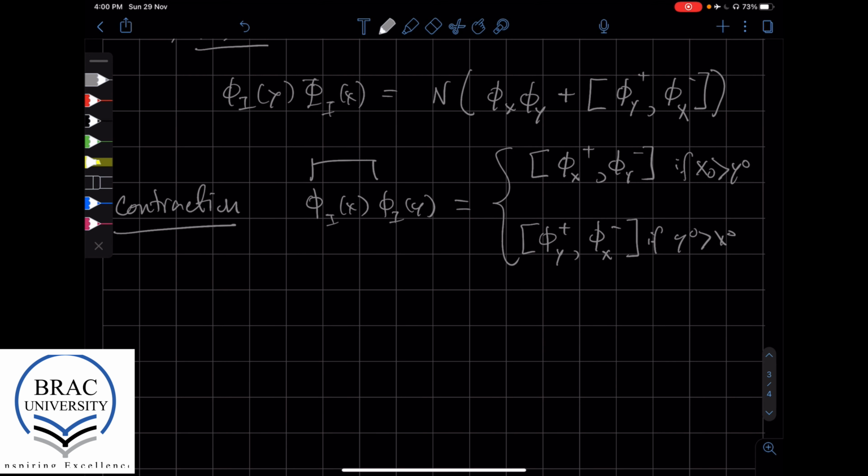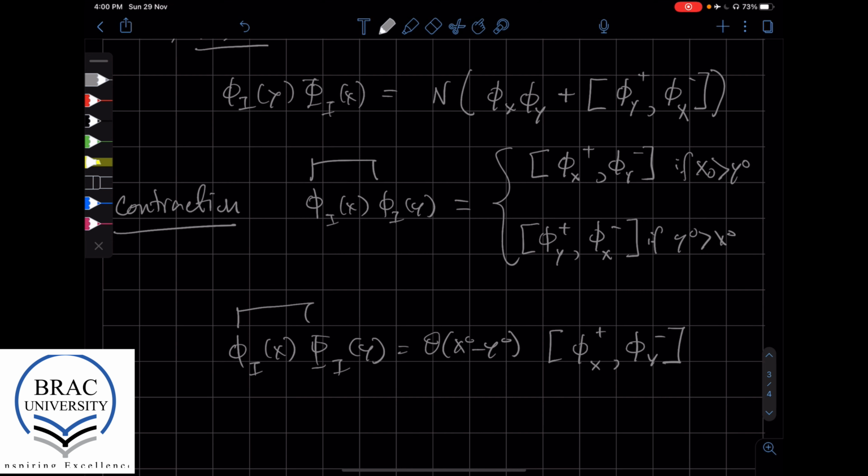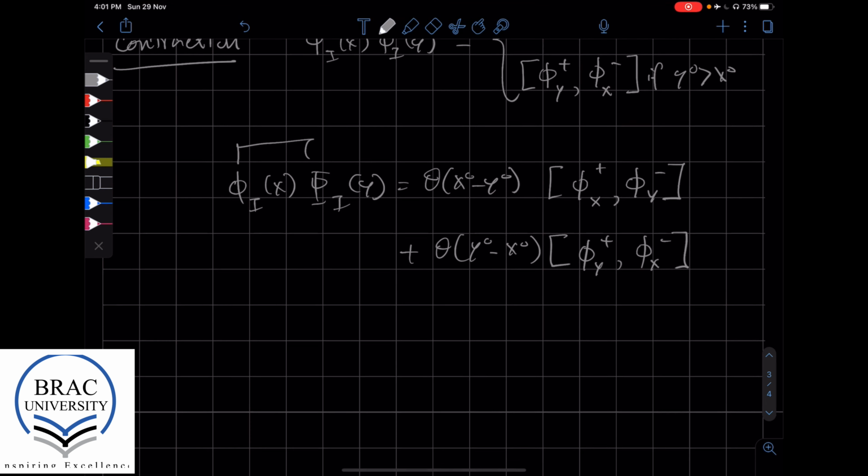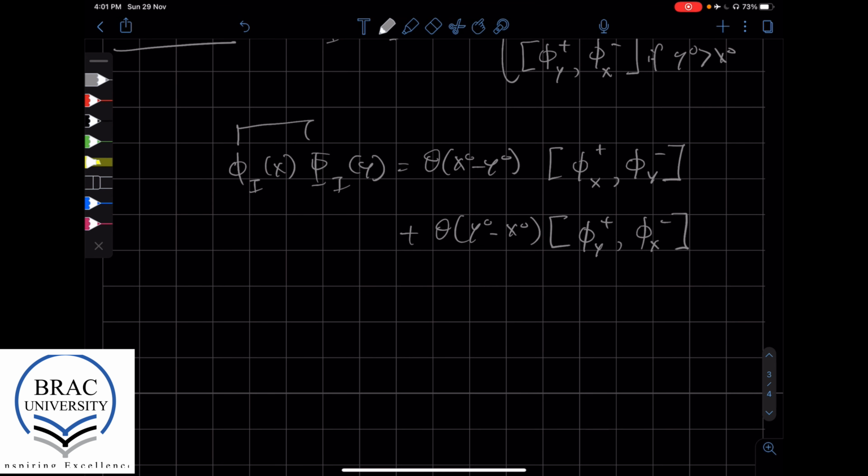So in other words, the contraction of phi_I(x) and phi_I(y) is theta(x0 minus y0) times the commutator of phi(x)+ and phi(y)-, plus theta(y0 minus x0) times the commutator of phi(y)+ and phi(x)-.